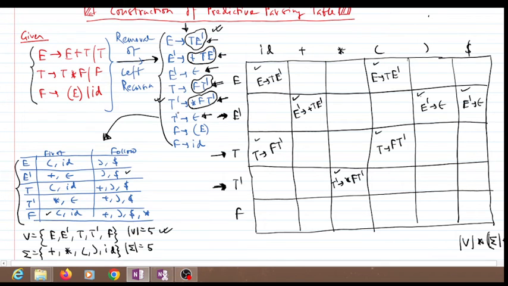As the right hand side has epsilon, we have to find the follow of T dash. Now what is follow of T dash? The follow of T dash is plus, closing bracket and dollar. So as we are considering this production rule, we will fill these cells.